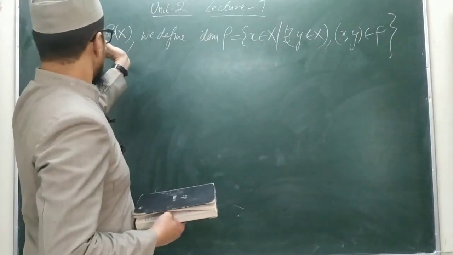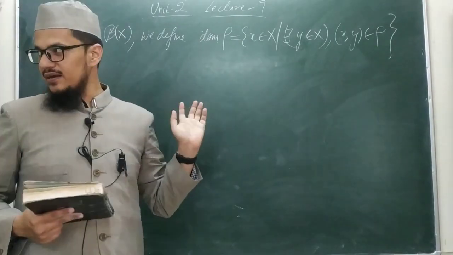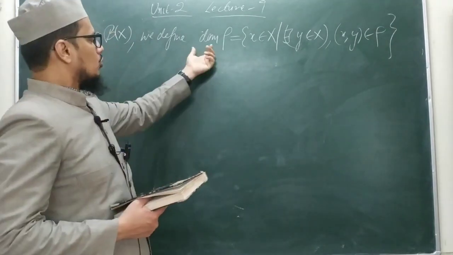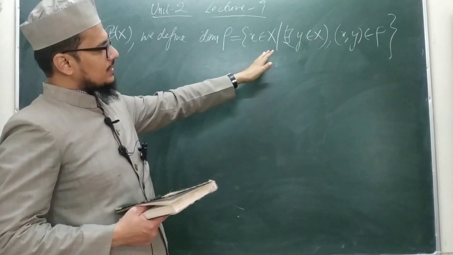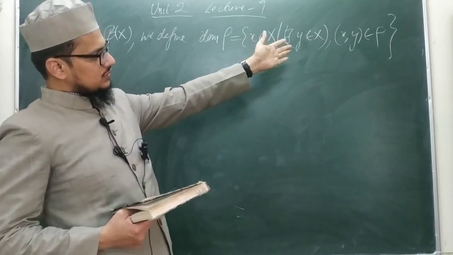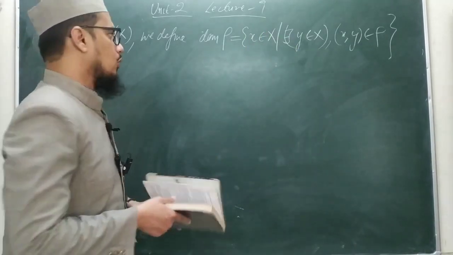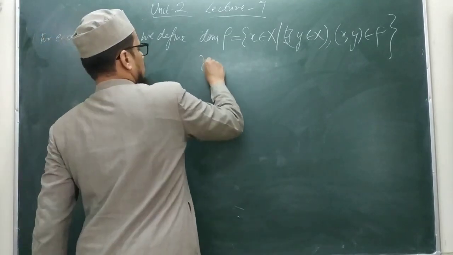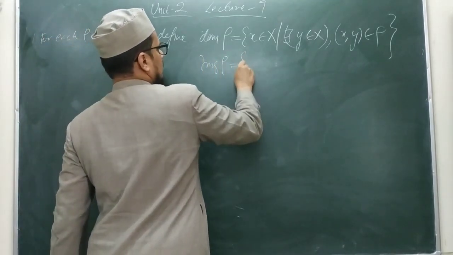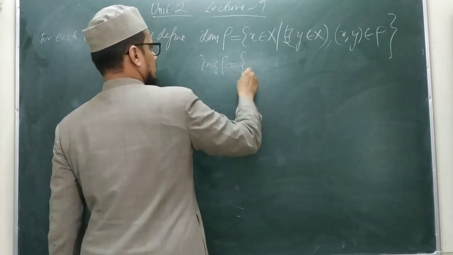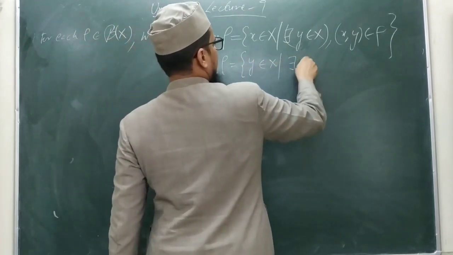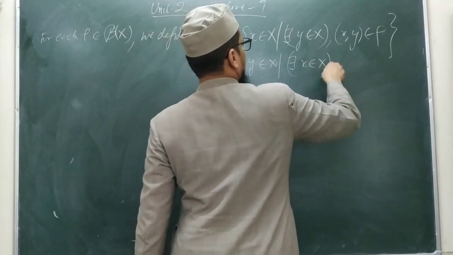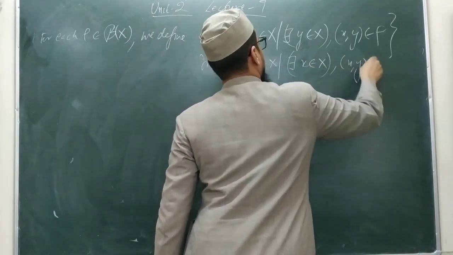And now image row is defined as y belongs to X such that there exists x belongs to X and (x, y) belonging to row.